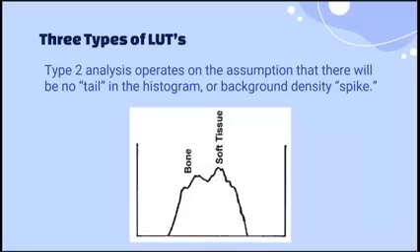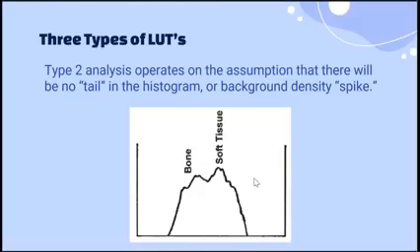For the second type of LUT, type 2 analysis operates on the assumption that there will be no tail in the histogram or background density spike. In preparation for applying an LUT, the histogram analysis must attempt to localize S2 without expecting any direct exposure area to be included in the curve. This is an example of an abdominal histogram. We all know that the abdomen, when imaged, contains only bone and soft tissue.